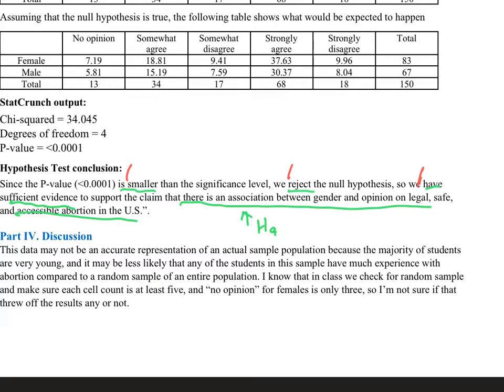And so what I want you to do is discuss if there are any ways in which the fact that we only took 117 students would make these results, or could possibly make these results be different than if we had just taken a random sample of 150 students from Shippensburg. So this student couldn't think of any reason why it would, but also discussed some possibilities. So I think that was very good.